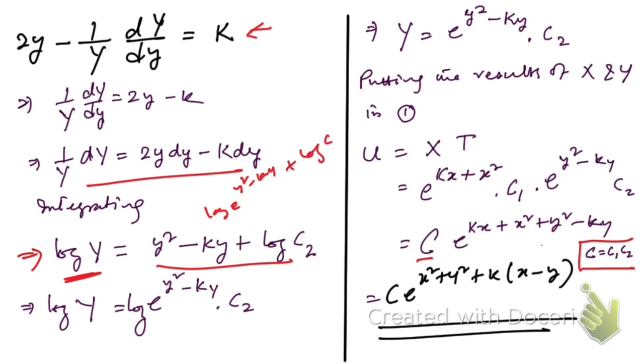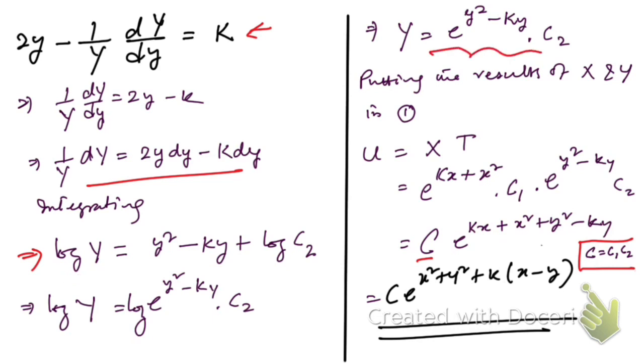Okay, so then again, I can write this right hand side as log of e to the power y square minus ky plus log of c2. Then again using this property, log of m plus log of n is equal to log m into n, we will get this result, right? And removing logs from both sides, let me clean these things here, we're going to get this result, right?